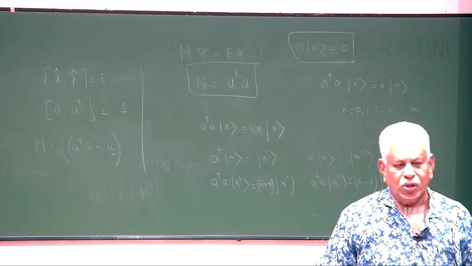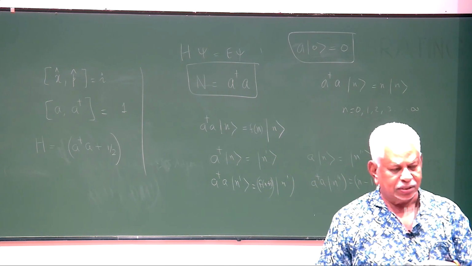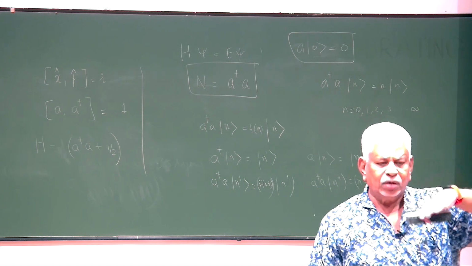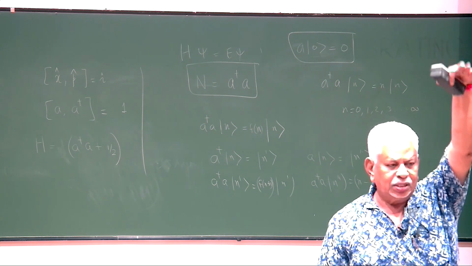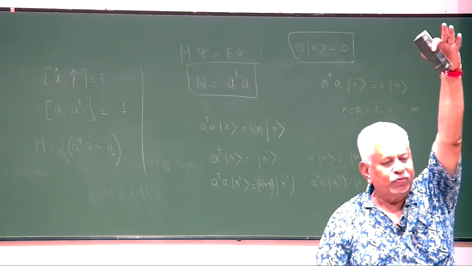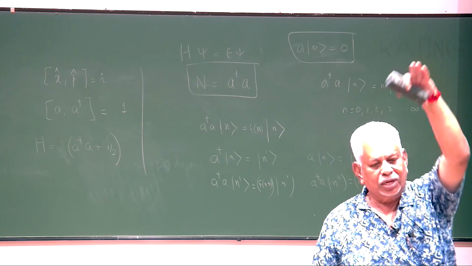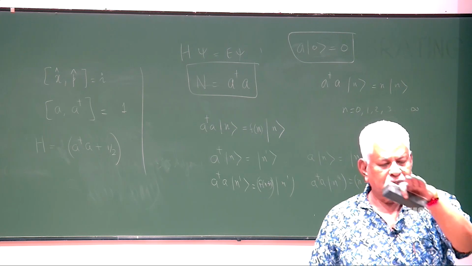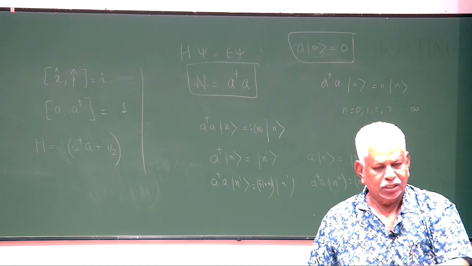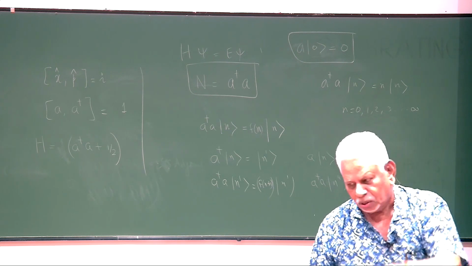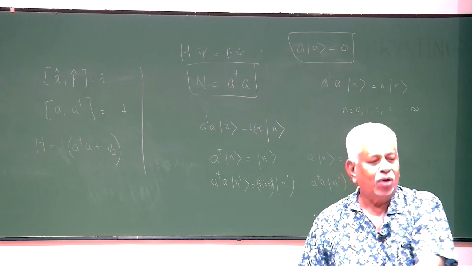So what you have, acting by A dagger, 0 will become 1, 1 will become 2, 2 will become 3, etc., on that ladder. If you start somewhere else, say 10, by acting by A you will get 9, 8, 7, 6, and so on, going up to 0.